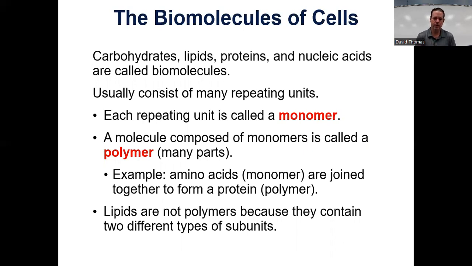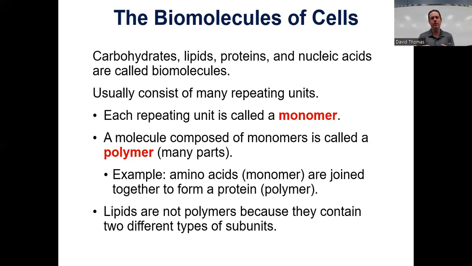I'll show you examples of this as we go through, but that individual unit is called a monomer. Mono means one. And so the simplest part of that structure is known as a monomer. If you're talking about proteins, the simplest repeating unit of a protein is known as an amino acid. That would be the monomer for a protein.